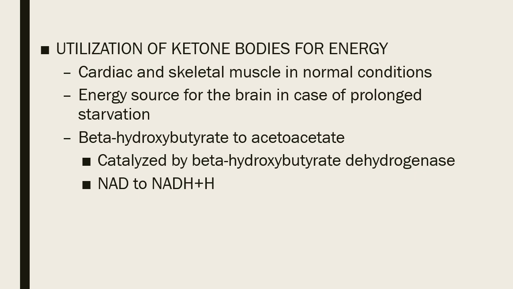One important thing here is that oxidation of ketone bodies will spare your skeletal muscle proteins. Instead of being broken down to undergo gluconeogenesis to produce glucose 6-phosphate, they are spared by ketone body oxidation.